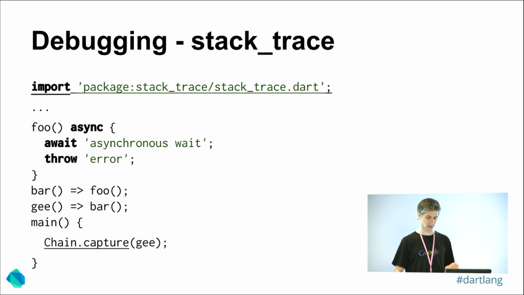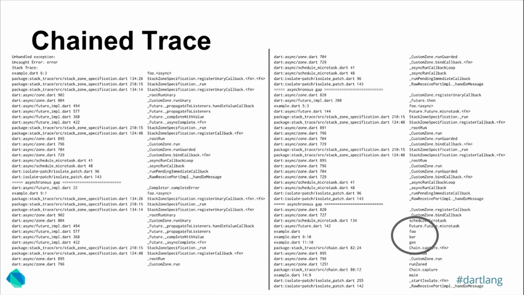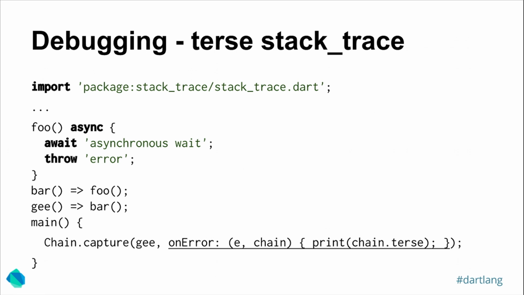In the background it will do exactly what I described for zones: register the zone description, intercept, and all these kinds of things. If you now look at the stack trace, it's not much better. But if you have sharp eyes, you will see that down there, somewhere, there is a foo, bar, and G, which is the one that we want. So we are not done yet, but it's close.